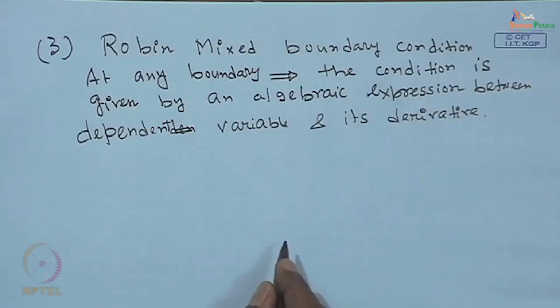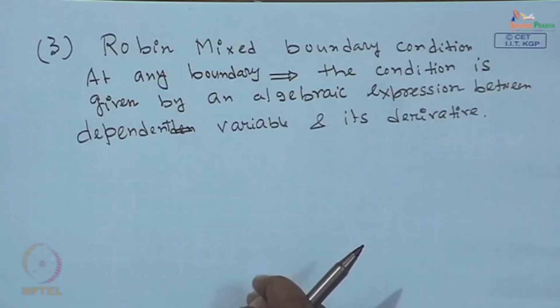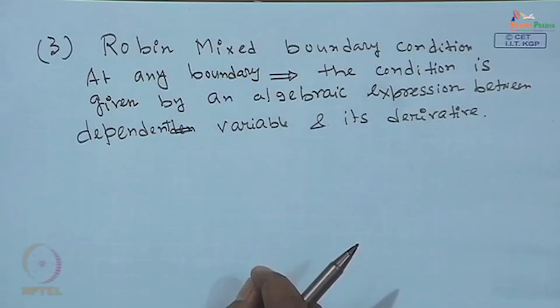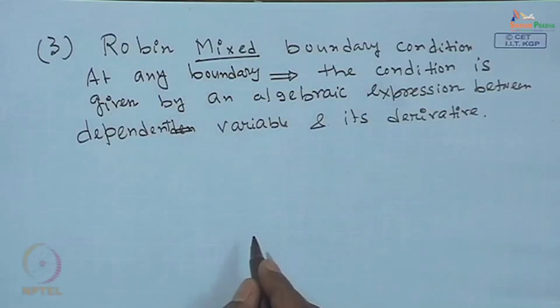Whenever a dependent variable and its derivative both are connected by a simple algebraic equation, and that is the condition specified at the boundary, then we call that boundary a Robin mixed boundary condition. So, it is basically a mixture of Neumann boundary condition and Dirichlet boundary condition.